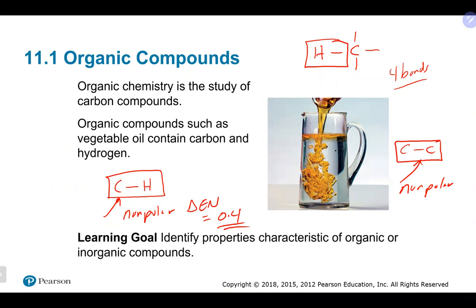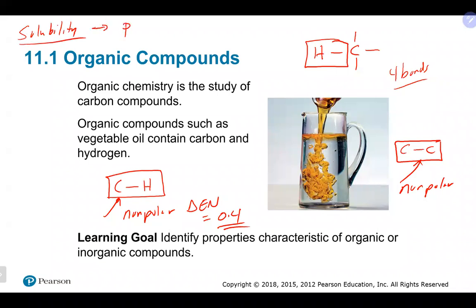So things that have very similar interactions with each other are very soluble in each other. And in this case, a lot of organic compounds are insoluble in water because water is polar. A reminder in terms of solubility, it is based on the ways that they can interact with each other.